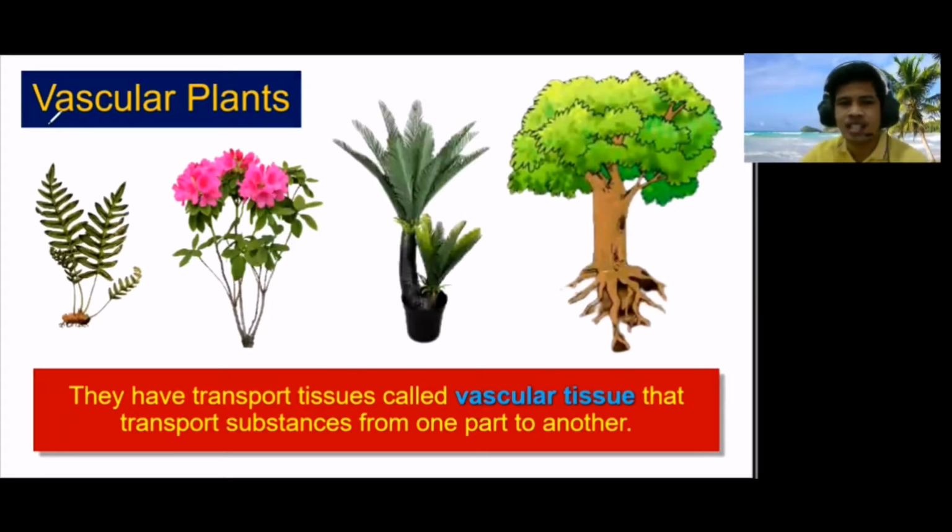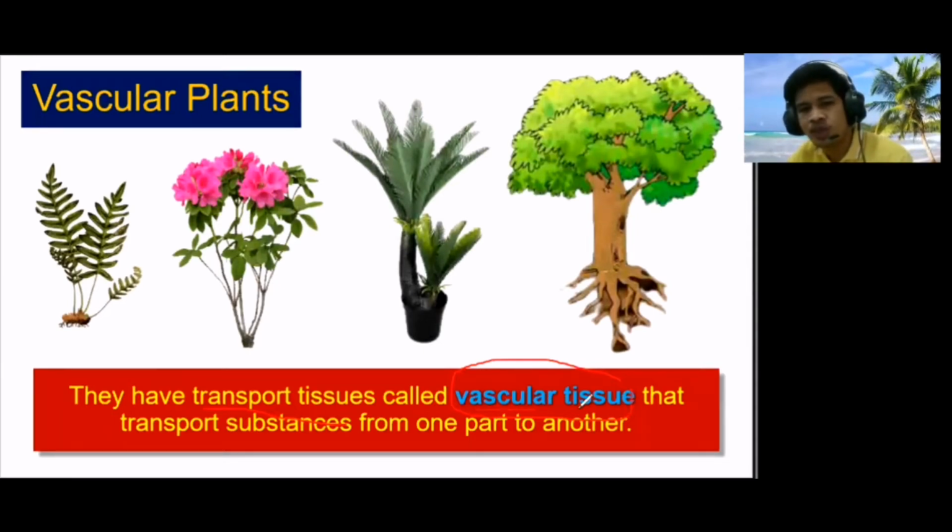When we say vascular plants, these plants have transport tissues called vascular tissue. Vascular plants, such as the ones you can see on the screen, have vascular tissue.